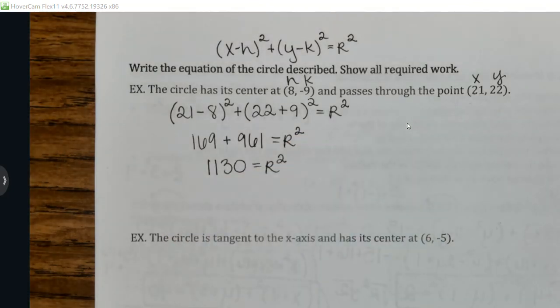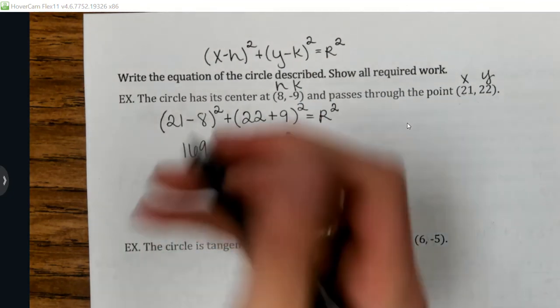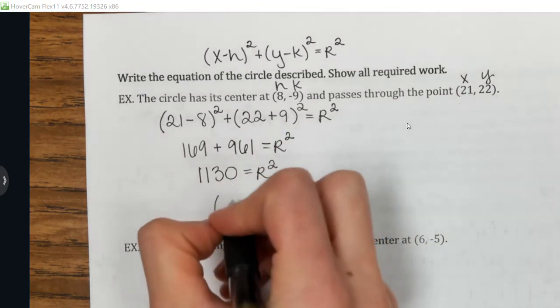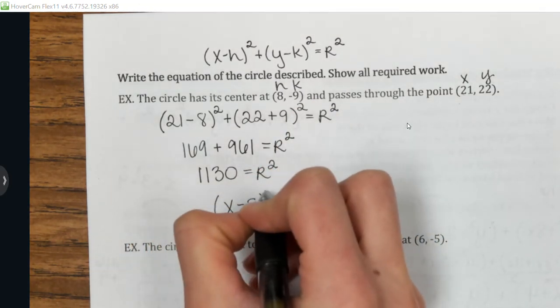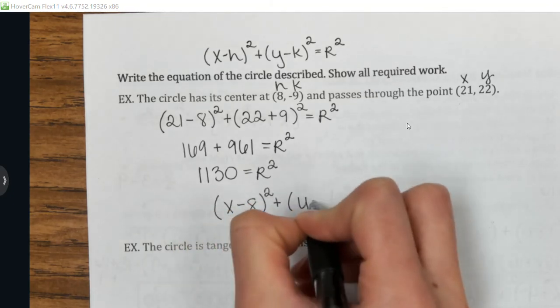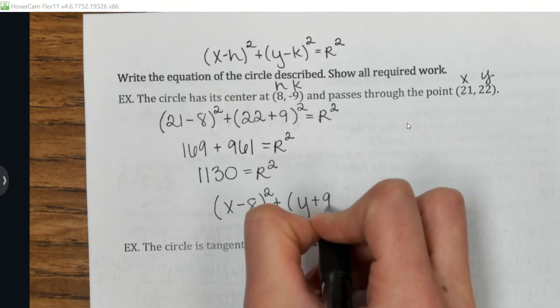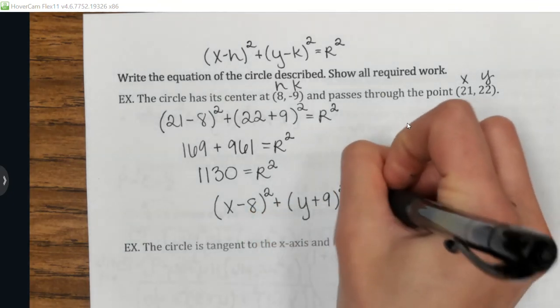Now, do I need to take the square root of that? No, because you're just looking for your r squared. So my equation is x minus h, so x minus 8 squared, plus y minus k, which is y plus 9 squared, equals my r squared.